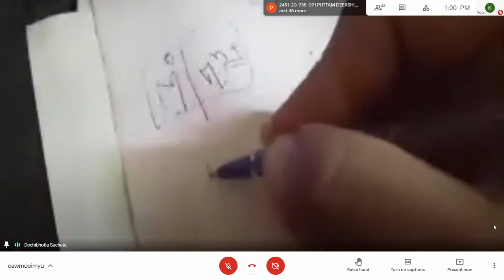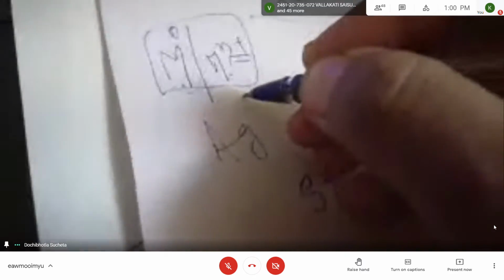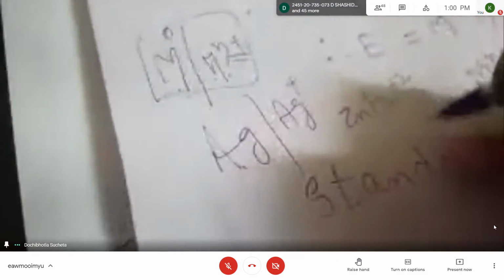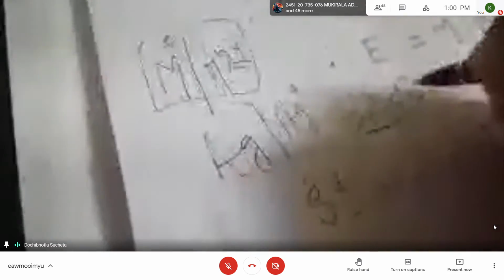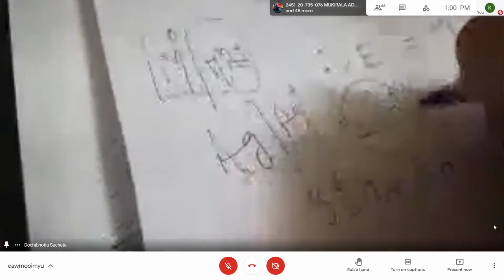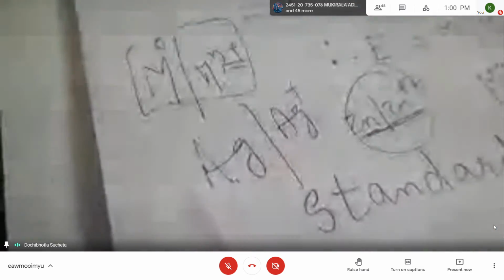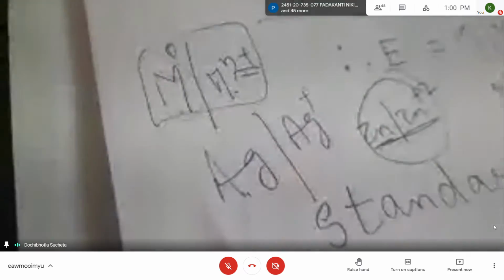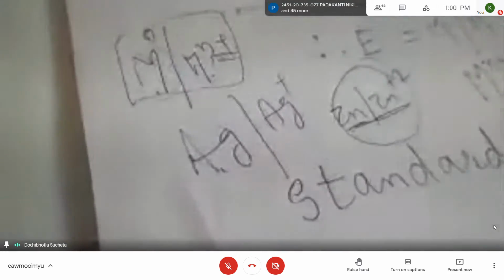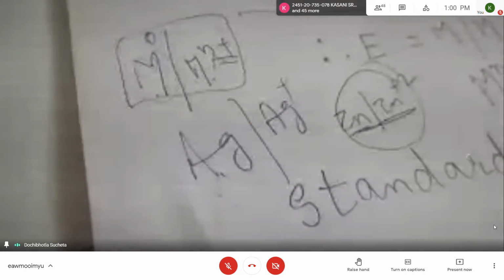It could be anything, like Ag/Ag plus, Zn/Zn plus 2. Any two different oxidation states of the same system are separated by an energy difference, which we measure as the EMF or the electrode potential.